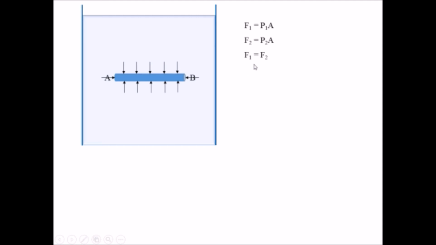So F1 is equal to F2. So we can say that P1A is equal to P2A, which means the pressure at A and the pressure at B will be equal. And this is what is known as Pascal's law. It means that Pascal's law states that pressure anywhere in the liquid will be equal.